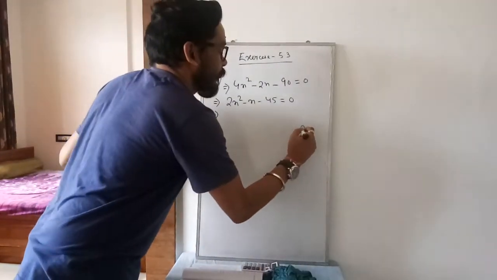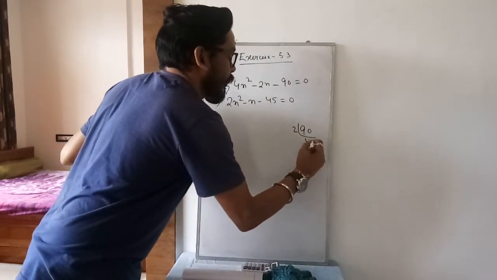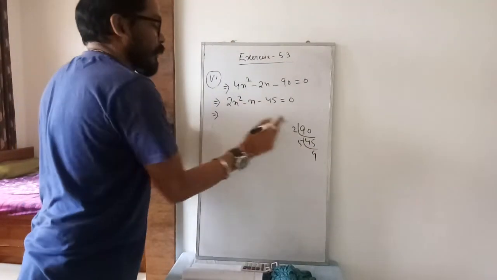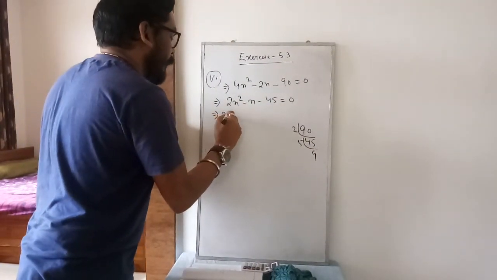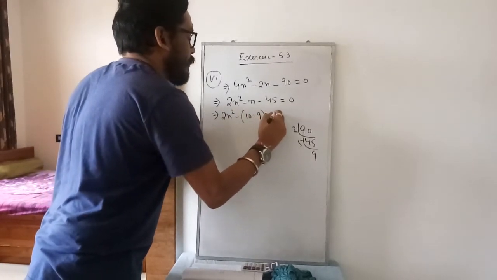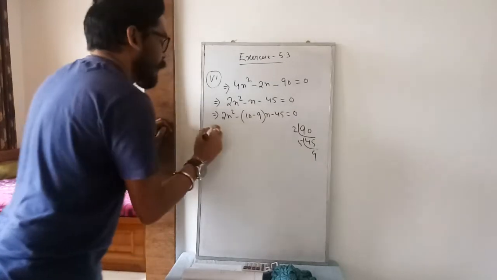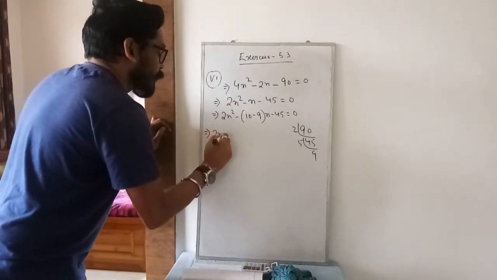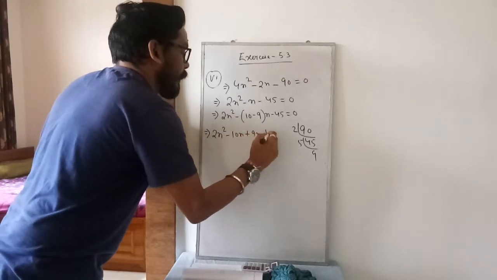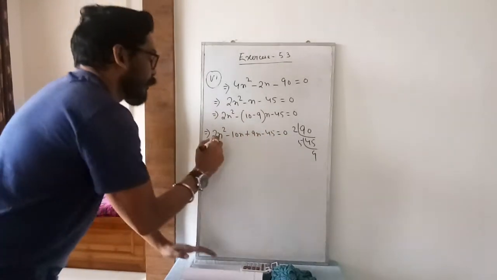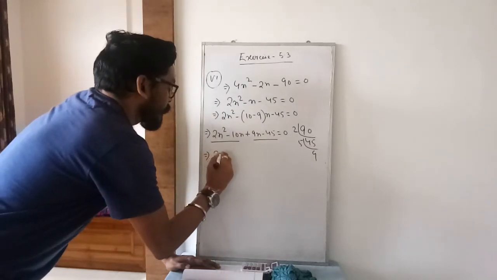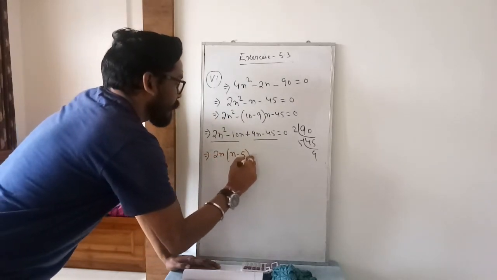So it is 2 times 45, 90. Factors of 90, if I find them, it is 2 times 45, 5 and 9. I have to do minus, I have to bring 1, so 10 minus 9. It is minus 45, 0. So it is 2n squared minus 10n plus 9n minus 45 equal to 0. For the first 2 take common, for the last 2 take common. So it is 2n, it is n minus 5.